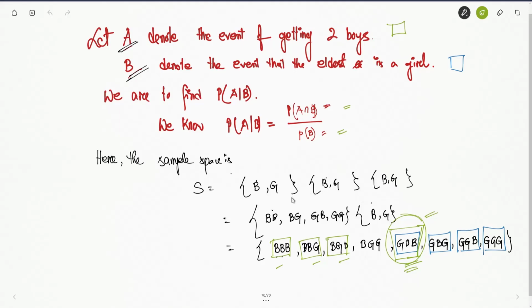So I will write it down. Favorable cases for B. And what was B?